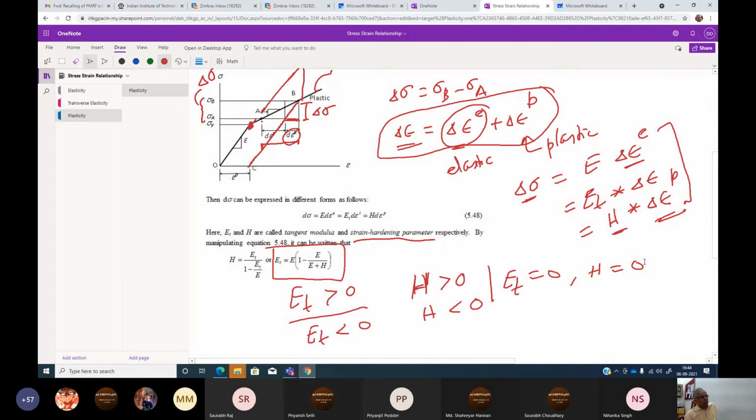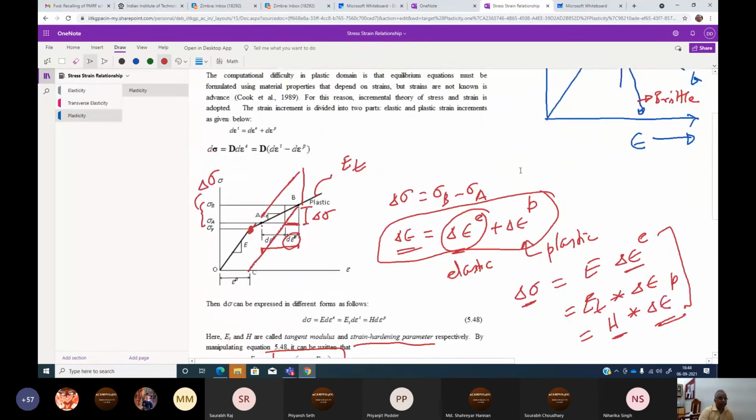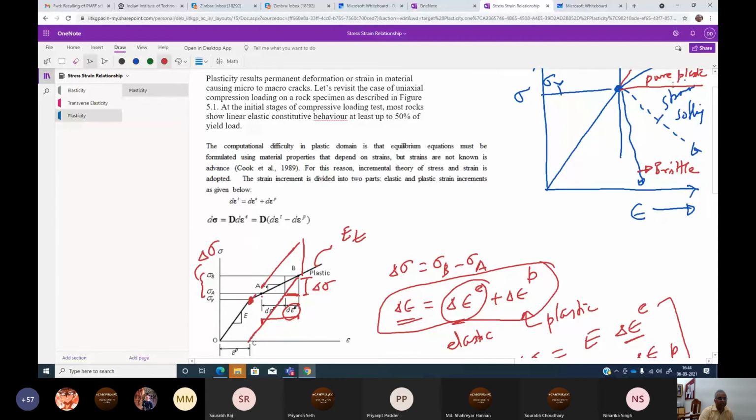So now we normally define: if ET is greater than 0, that means it is strain hardening. If ET is less than 0, it will be strain softening. And if ET equals 0, or the hardening parameter is 0, we call it pure plastic. This is a straight line, so the slope of this line is 0.